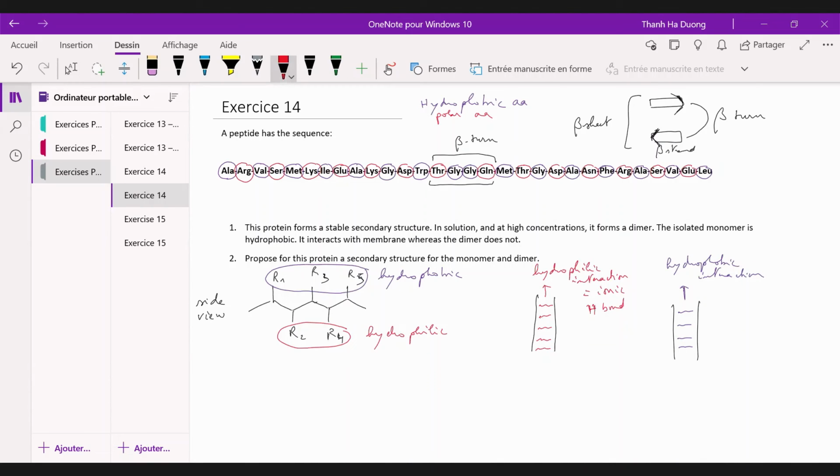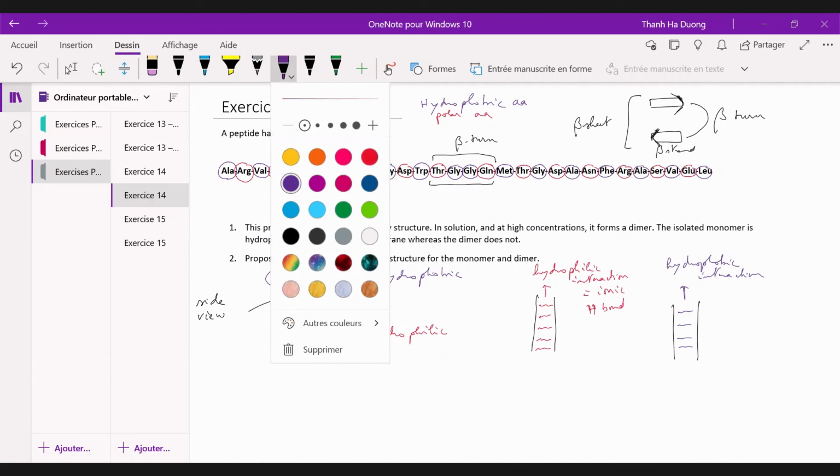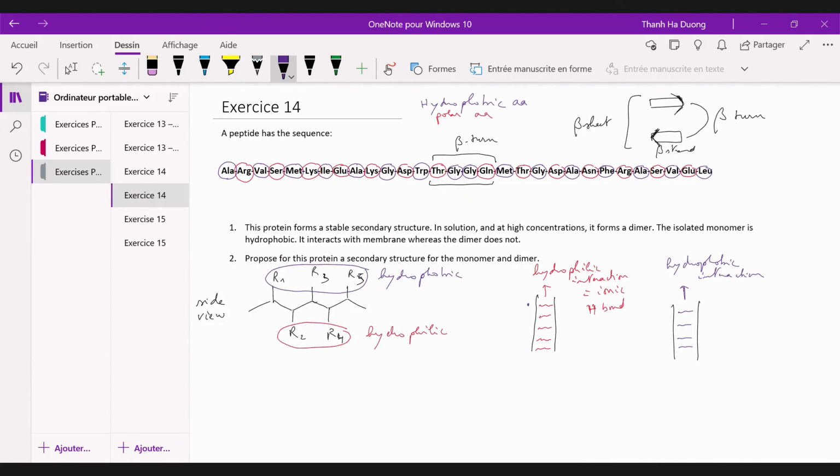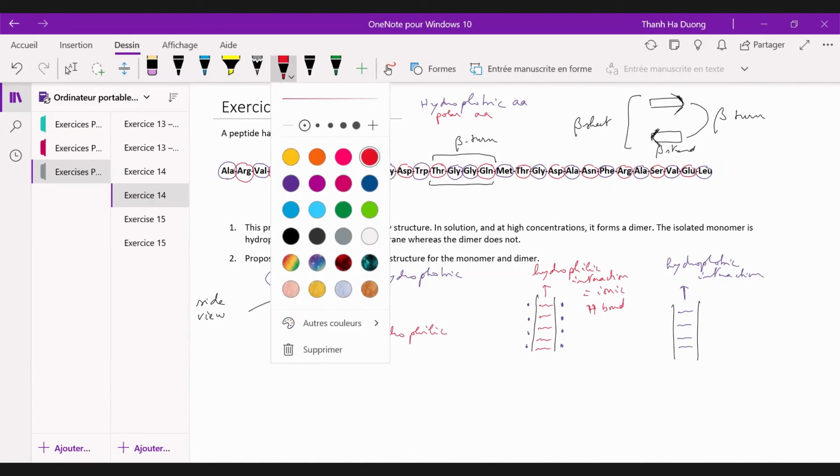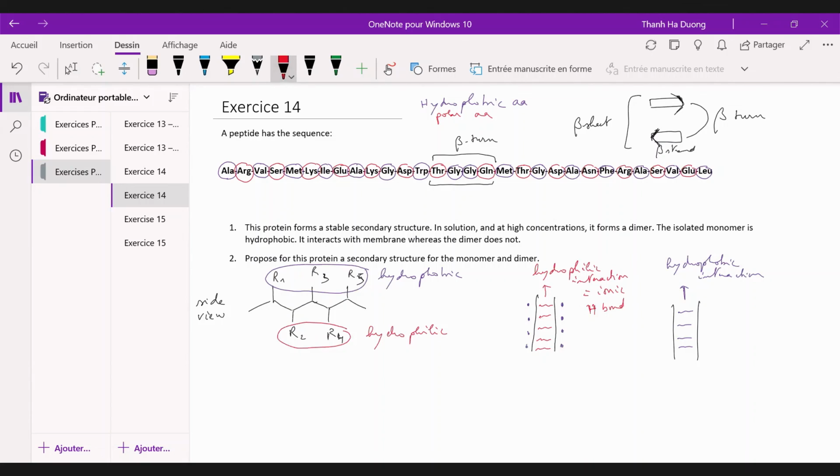So if I have hydrophilic interaction between the two monomers, it means that at the surface of my dimer, I will have amino acids which are hydrophobic. If I have hydrophobic interaction between two monomers, the dimer will have at its surface polar residues.